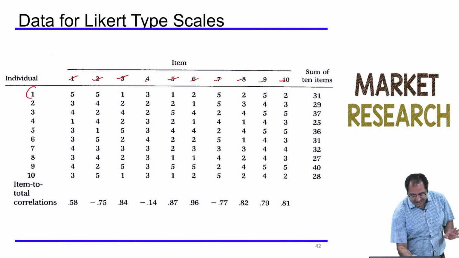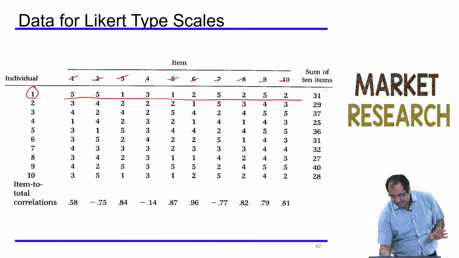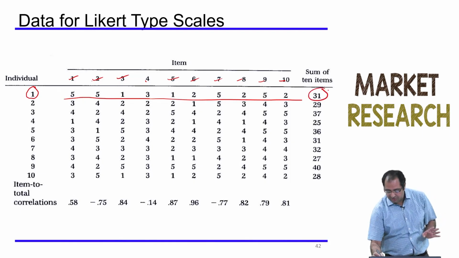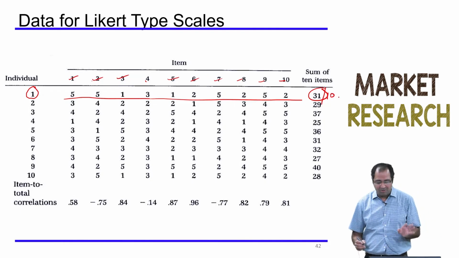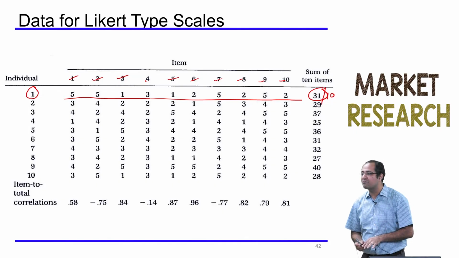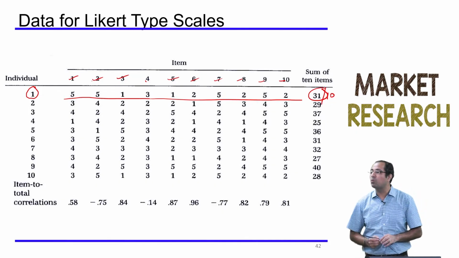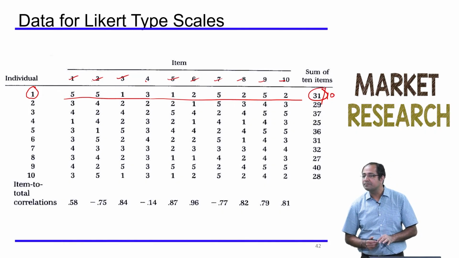This is for respondent number 1. You will take the sum of the 10 items and, better, divide it by 10. So you will know, on a 5-point scale, because each statement was measured on a 5-point scale, the score for this respondent is 3.1 on this particular concept.